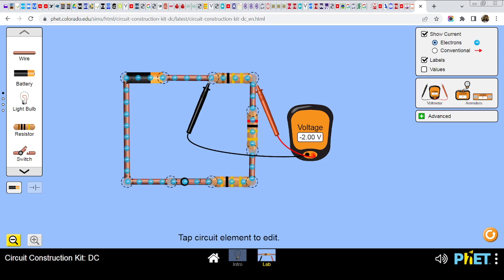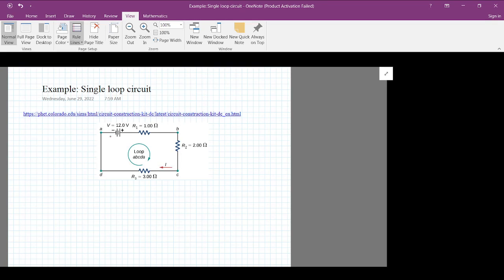This is the second rule, Kirchhoff's second rule, and that is very easy, guys.